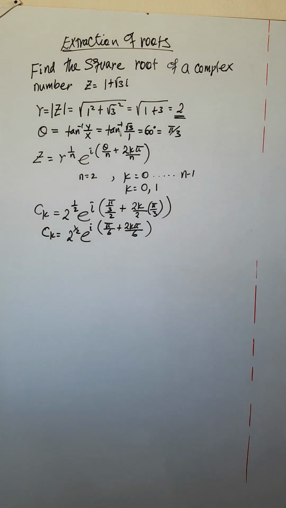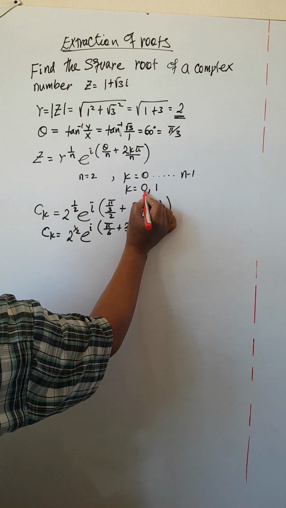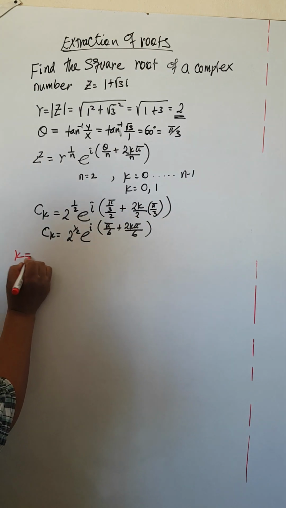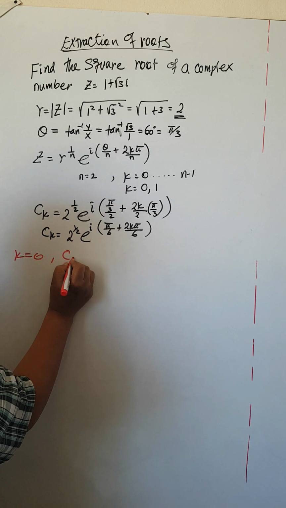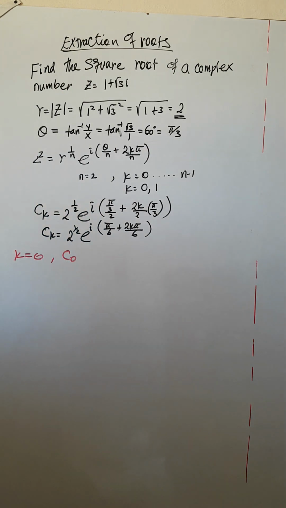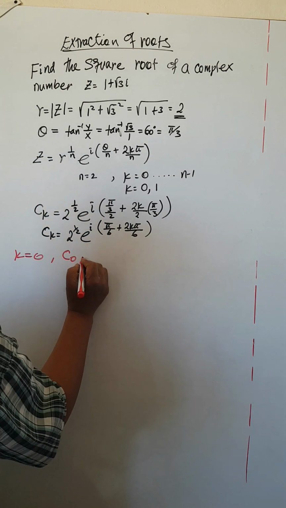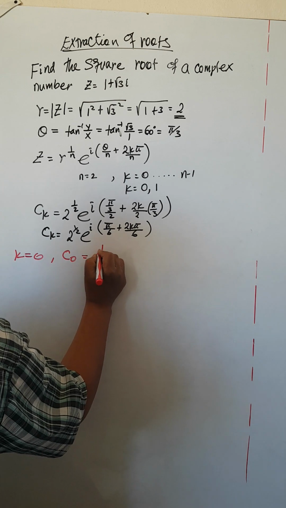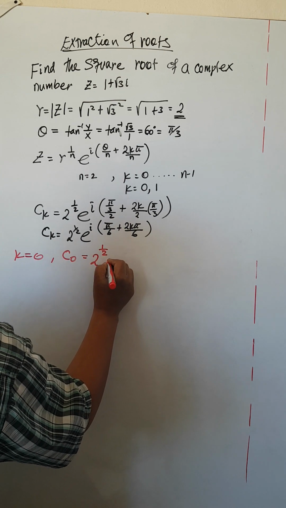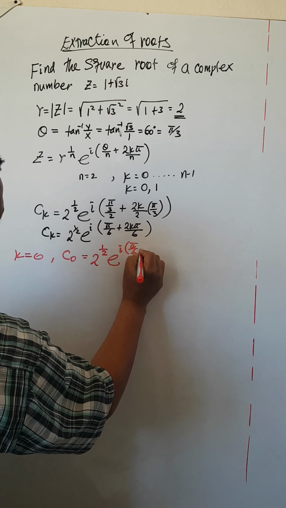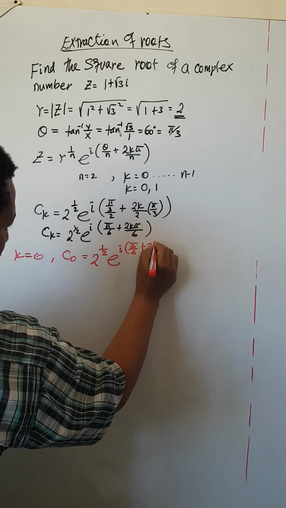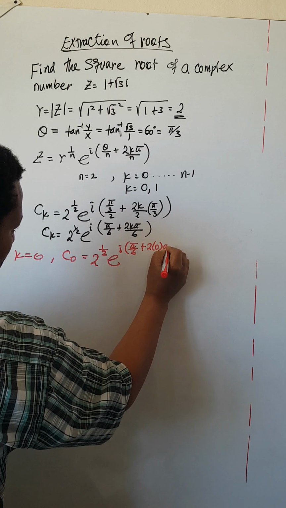Now in our first case, k is equal to 0. So we find the first root, c0. c0 is equal to 2 to the power of 1 over 2 times e to the power of i times pi over 6 plus 2 times 0 times pi.